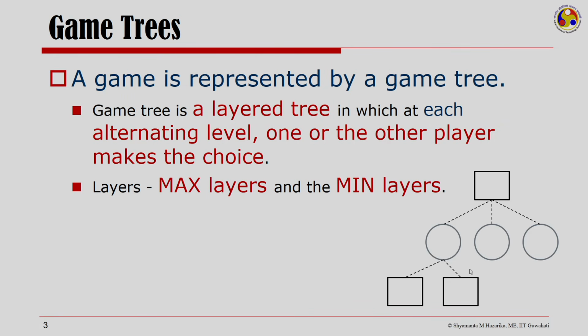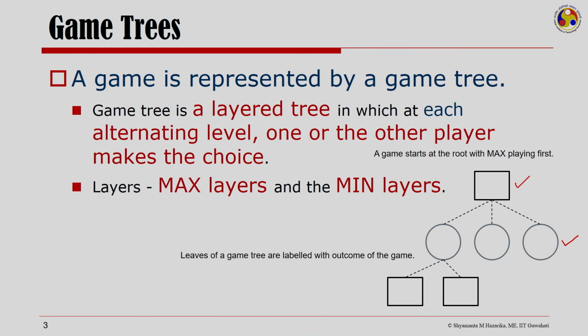So, we have the max layer and the min layer, and this is how, one after another, the layers of the tree come. A game starts at the root with the max player playing first, and the leaves of the game tree are labeled with the outcome of the game. The game ends at the leaf nodes.